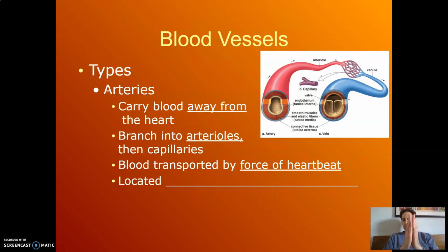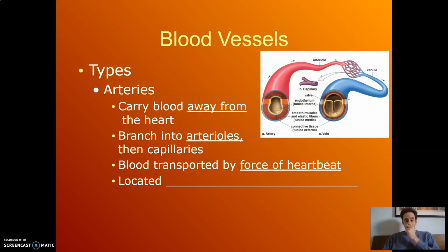And sometimes you can feel that. And you know what we call that? Our pulse. So if you feel in your neck, you should be able to feel the pulse of your carotid artery, that blood vessel going to the neck. And what's happening is every heartbeat, the blood vessels kind of going ba-boom, ba-boom, ba-boom. And that's why you can count your heart rate by counting the pulses, because every pulse is the heart kind of pushing the blood through.